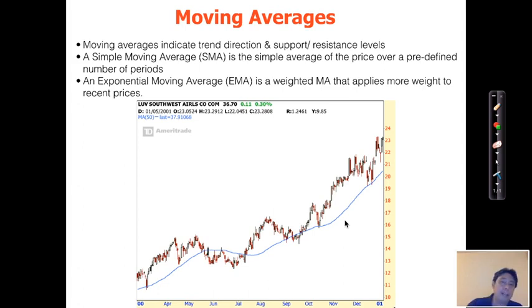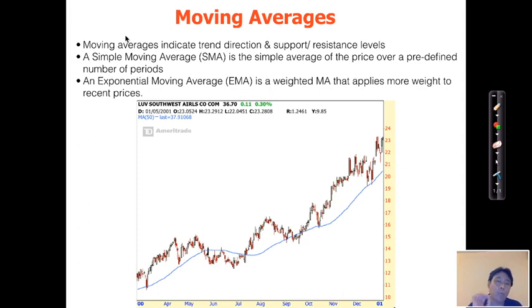And it keeps repeating this process every day, taking the last 50 days and dividing it by 50. So you get the 50-day average. So this is then plotted on a chart and is shown as a line. And again, you can determine the color of the line. I like to use blue for the 50 moving average.